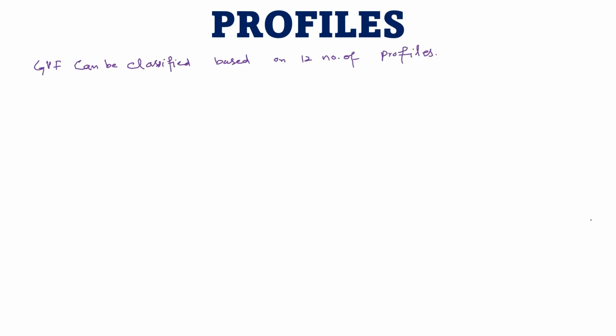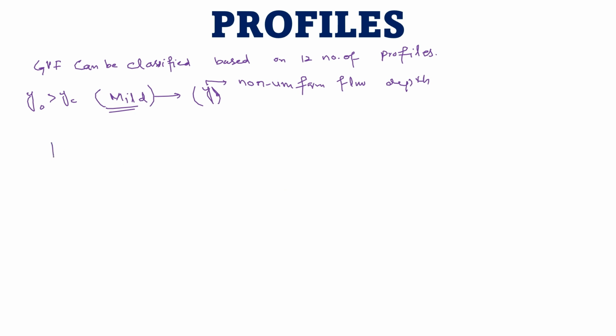So how can we decide? Let us say, for example, that Y naught is greater than YC. It means that the slope is mild. Then how will I come to know whether this profile type is M1, M2 or M3? To decide this, we will need to compare both depths with Y, that is, the non-uniform flow depth.